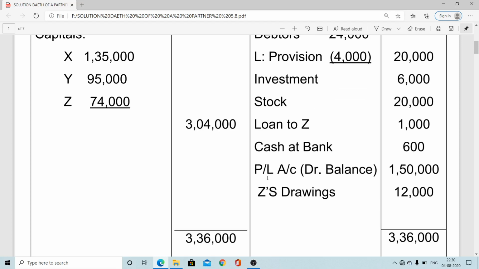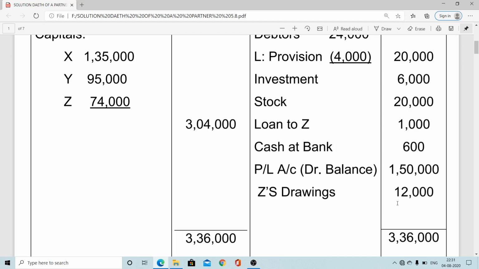Again this year there are losses as profit and loss account, debit balance 1,50,000. Again losses, undistributed losses, which was a heavy loss of 1,50,000. Total balance sheet 3,36,000, whereas that particular year had only losses of 1,50,000. If that loss is transferred, then their capital will decrease. Now one more term, Z's drawings were also made, which were not deducted from his capital.